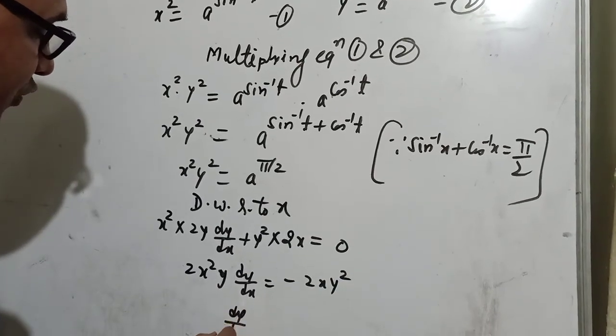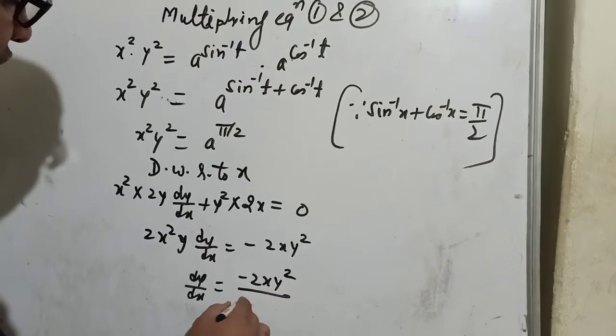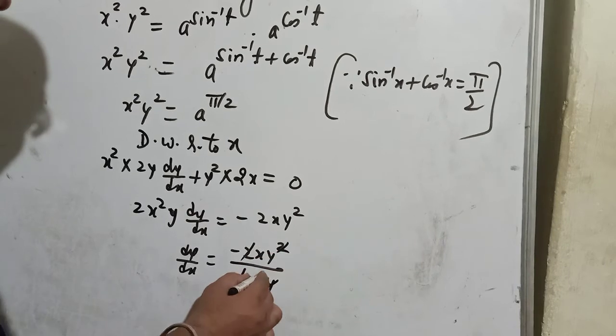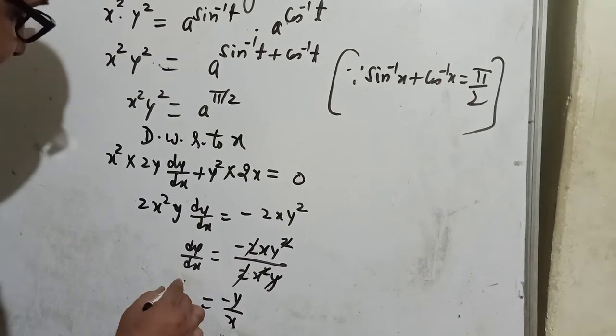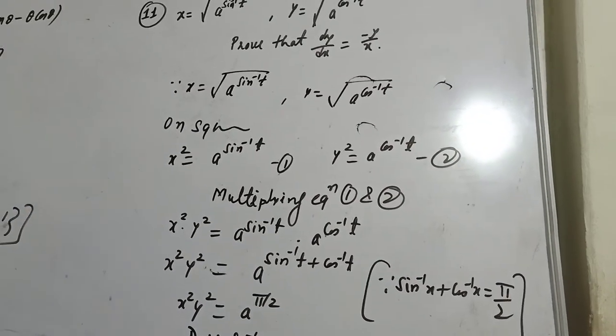We have to find dy by dx, so this is minus 2xy square upon 2x square y. 2 cancels, y cancels, x cancels, so this is minus y upon x. Proved. This is a very simple method.